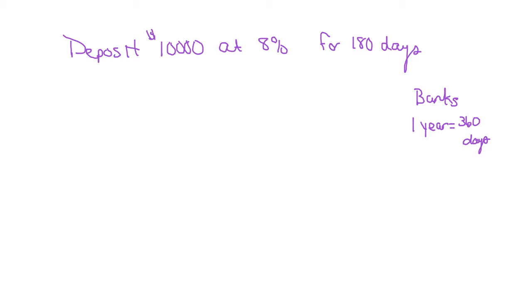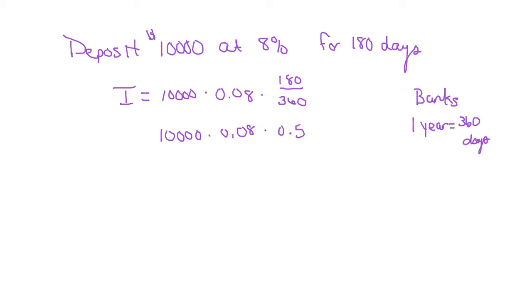So let's figure this out. I equals 10,000 times 8%, so that's 0.08, times, and then we have to change that 180 days to how much of a year. So it's 180 divided by 360, which is 1/2, or 0.5. And we need to continue to multiply that.